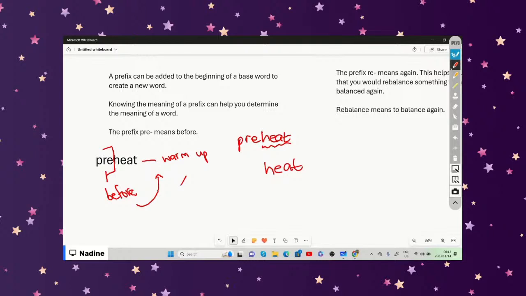So preheat is like warming something up before. And that is what we call preheat.